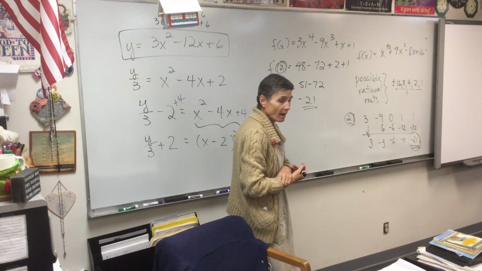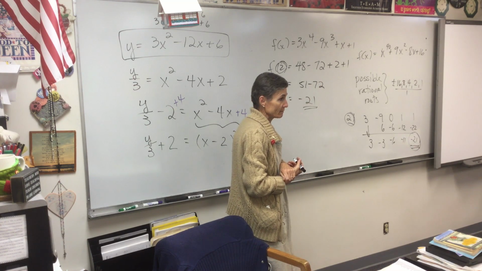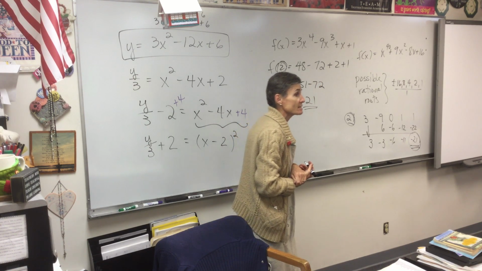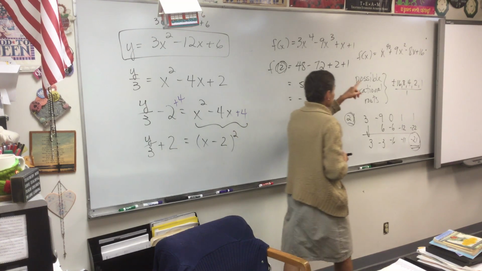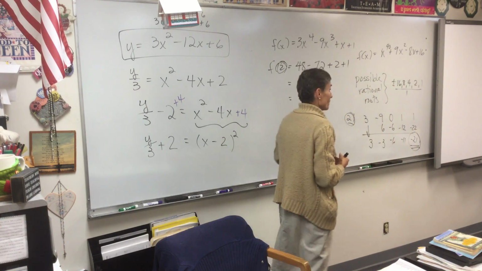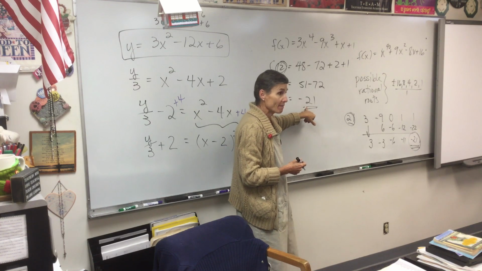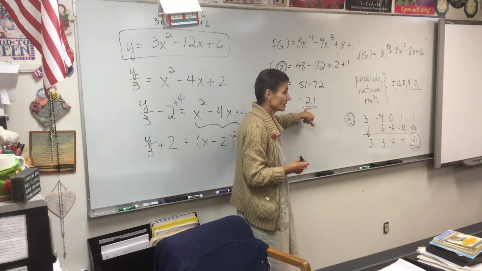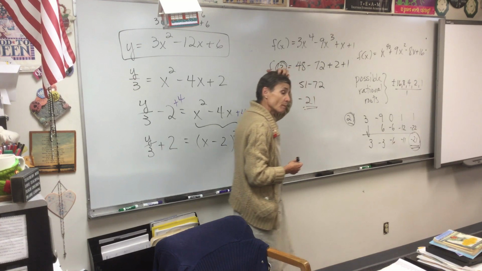Nobody in his right mind is going to divide if that's a 40, because it's a lot of zeros. So in that case, I would definitely just plug in my number and that'll give me the remainder. If that turns out to be 0, that means you have a factor. The number you get when you plug in is the remainder.